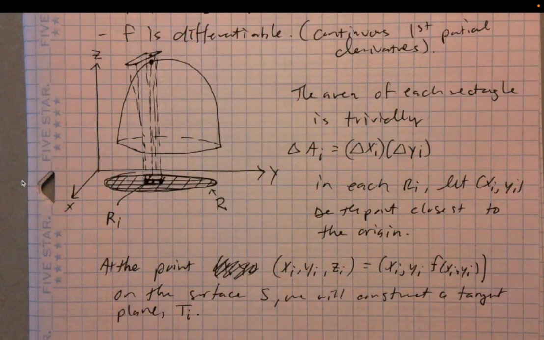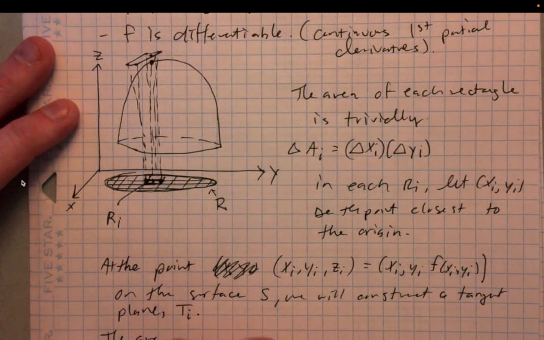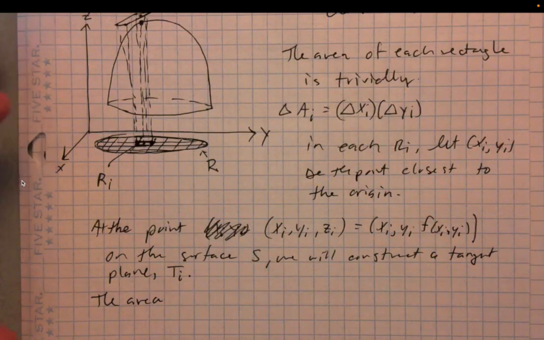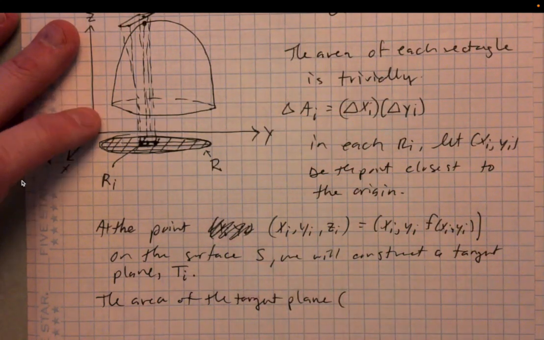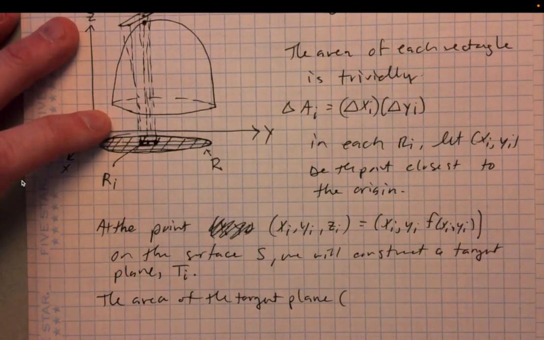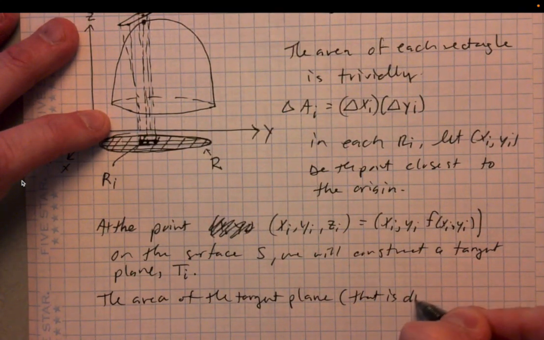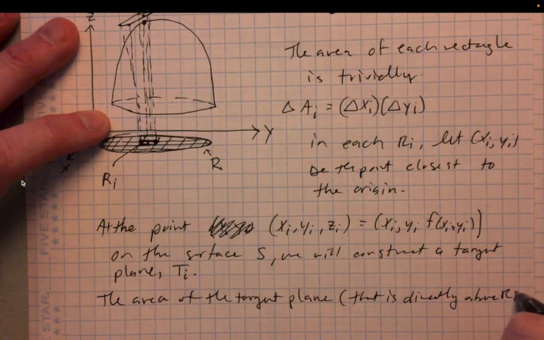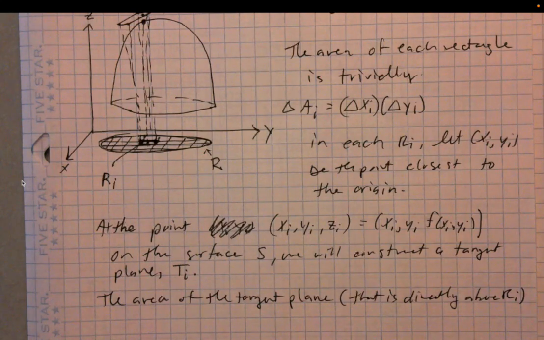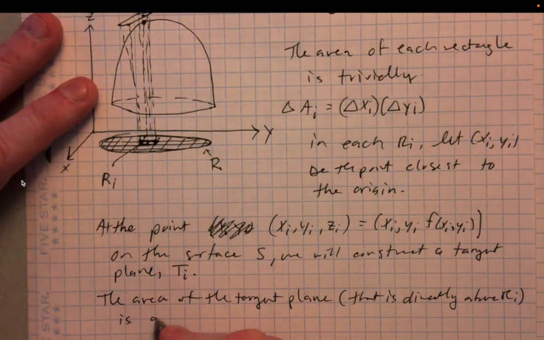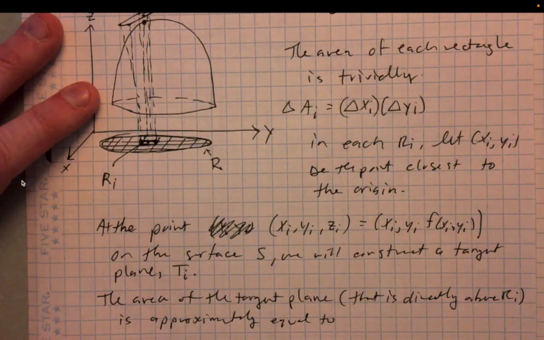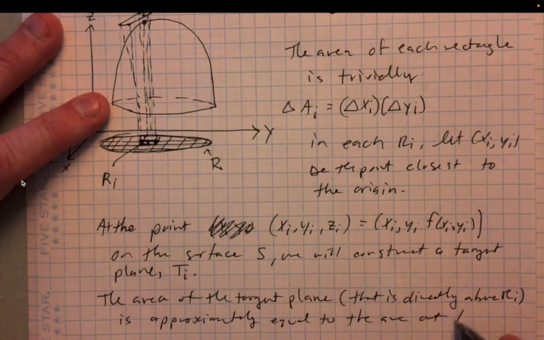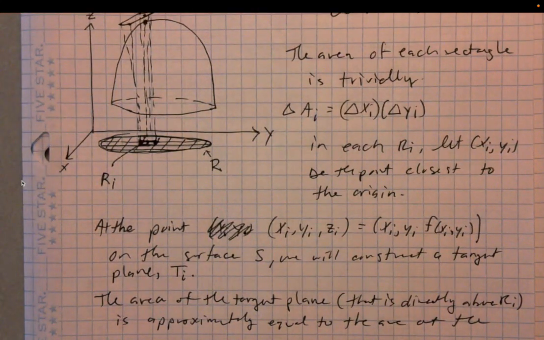Okay, so if you construct this tangent plane in this way, then the area of the tangent plane, and keep in mind that this is directly above Ri, the area of the tangent plane that is directly above Ri is approximately equal to the area of the surface lying directly above Ri.